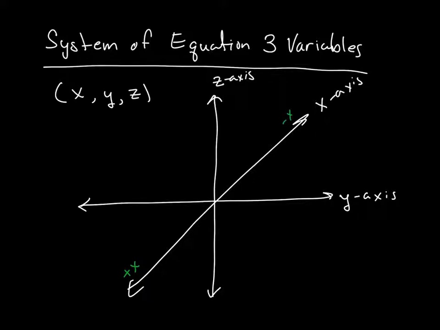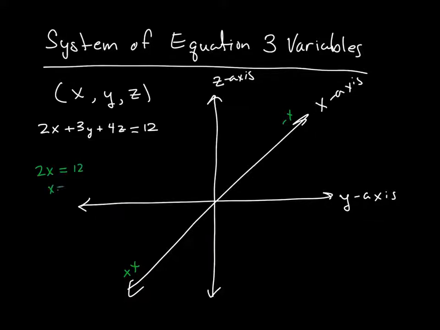Now, if I have an equation that I want to look at, 2x plus 3y plus 4z is equal to 12, I can go ahead and graph that by using intercepts, the same way that I would go through, but it's a little bit different. I have 2x is equal to 12.